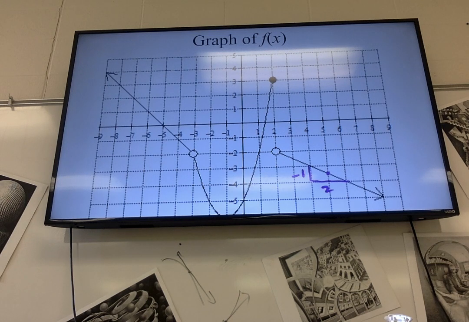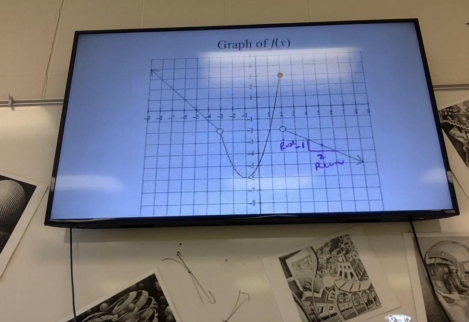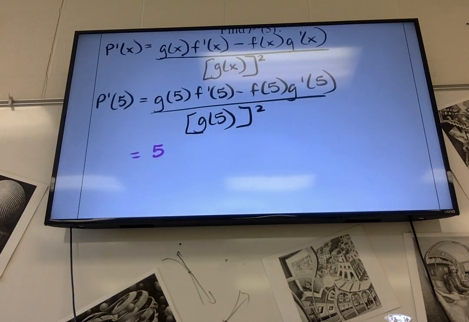So what's the slope? Rise over run. Negative 1/2, right? So that's negative 1/2 minus f of 5.